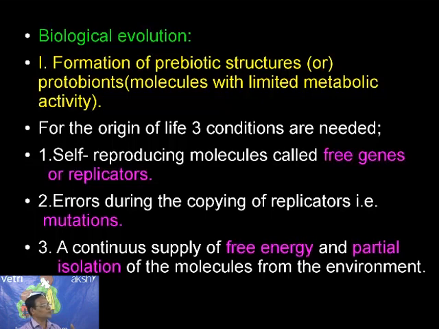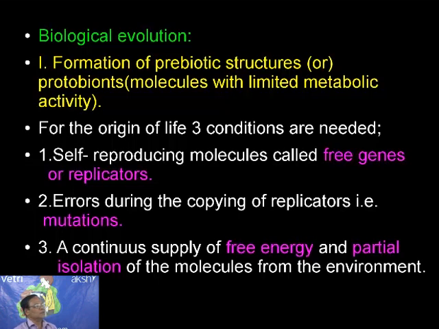These are nothing but the first formed living molecules with limited metabolic activity. They do not have much complexity, they are simple structures, but they have some ability to form certain chemical components to lead their life.